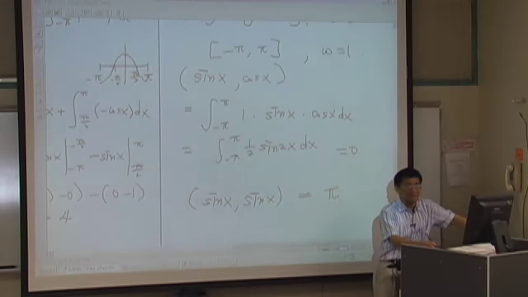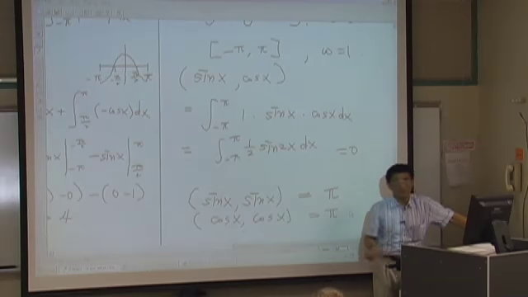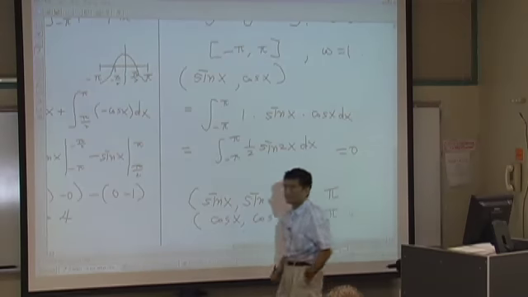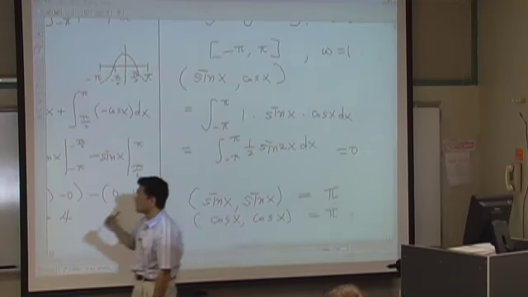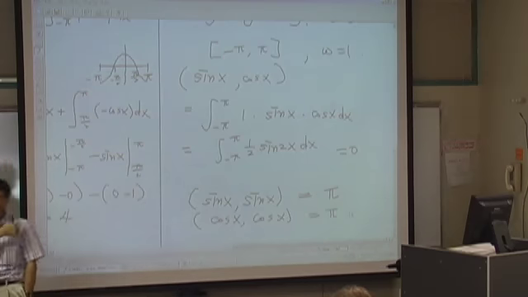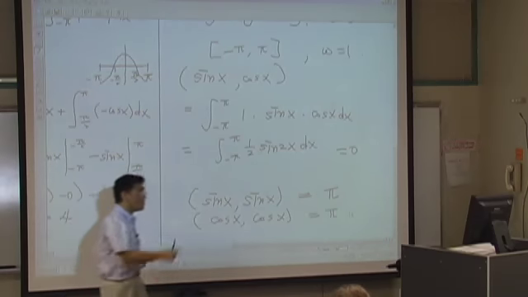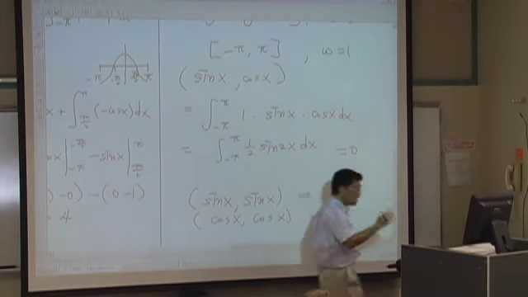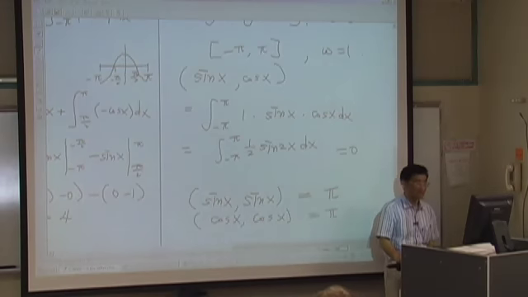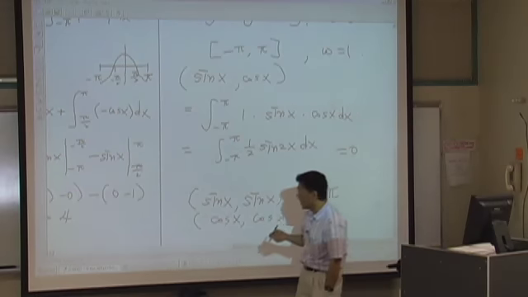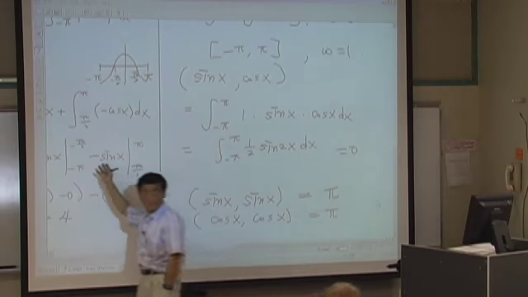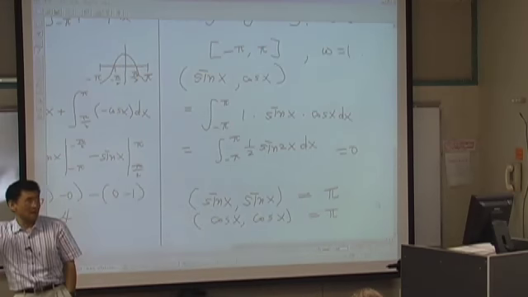Pi, right? What about the inner product of cosine and cosine? Same, pi, right? In fact, we could have defined the p norm by using inner product. Well, how? Inner product, square root of something, right? That is the one that you can define. So I covered some abstract stuff and a few more, and then we will begin to use these things to define possible approximations.